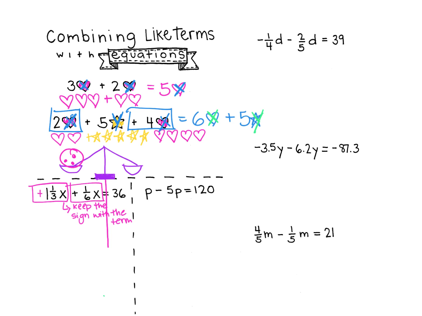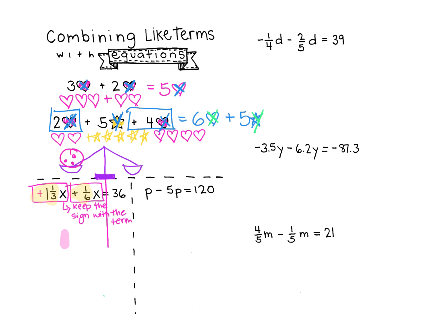So now I have 1 1/3 x. My coefficient is positive 1 1/3. My coefficient here is positive 1/6, so we can add them together. 1 1/3 plus 1/6. You can always use your calculator here.